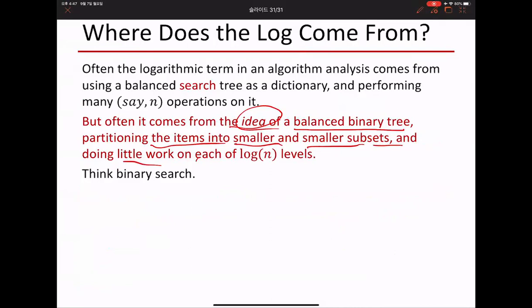I want to solve that problem, but I can make smaller pieces, smaller pieces, smaller pieces. From there, I can solve it quickly. I don't want to solve the full problem, but I want to solve a small fraction of it. Then I can maintain the tree. So log is the concept of can you halve it? Can you divide your work in half, and half again? Okay, that's the point.